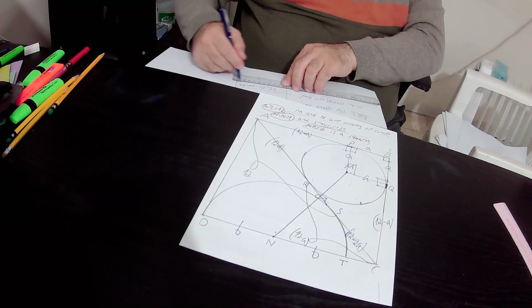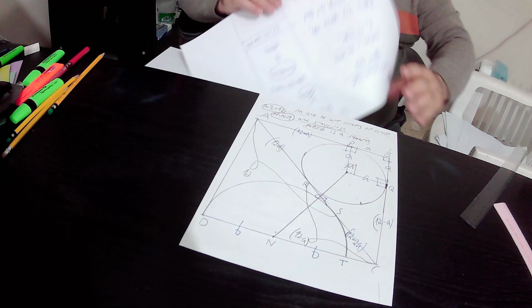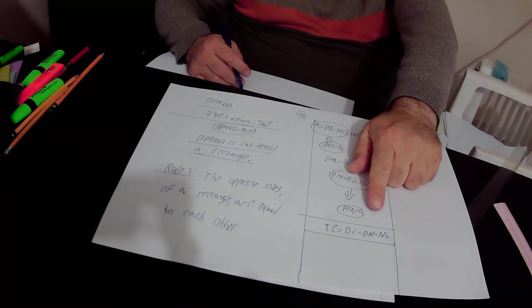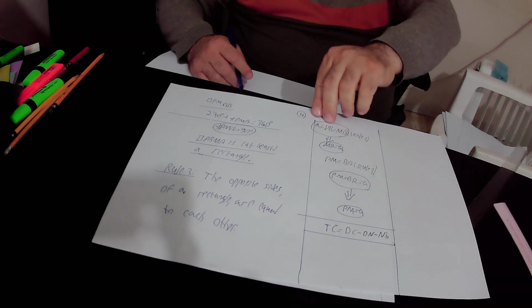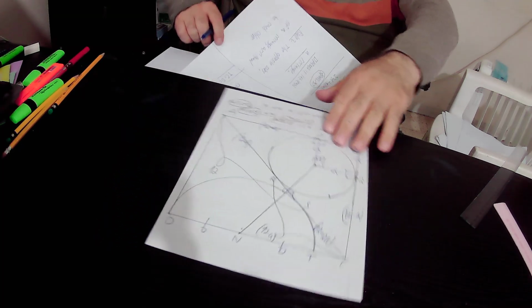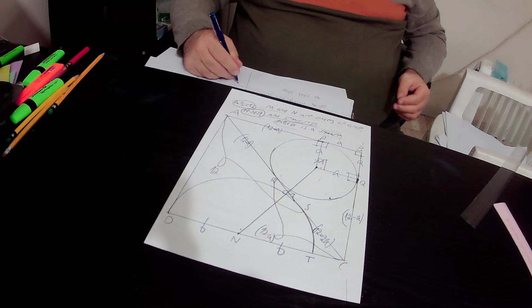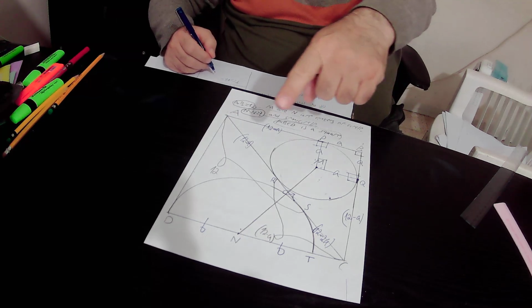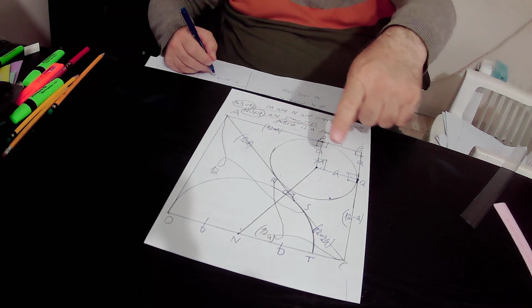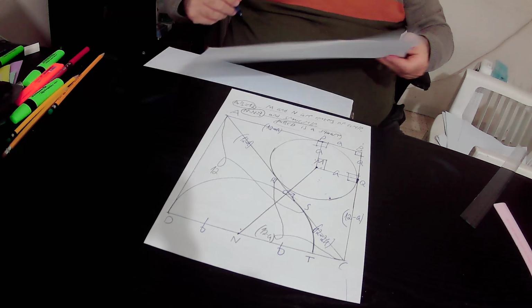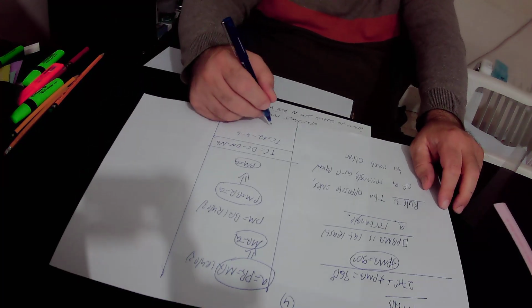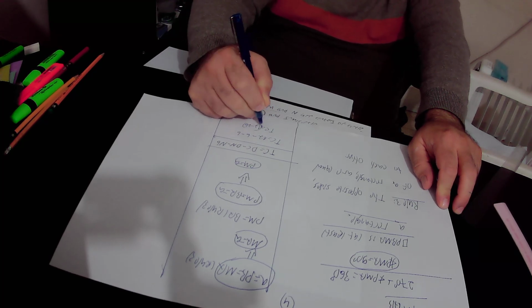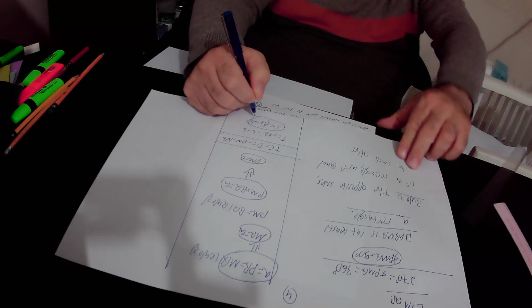I will repeat again, the length of line segment TC is equal to DC minus DN minus NB, but we know that DC equals 12 units and DN equals B and NB also equals B. So in conclusion, we found out that TC equals 12 minus B minus B. That is to say TC equals 12 minus 2B. So I can write down that TC equals 12 minus 2B here.